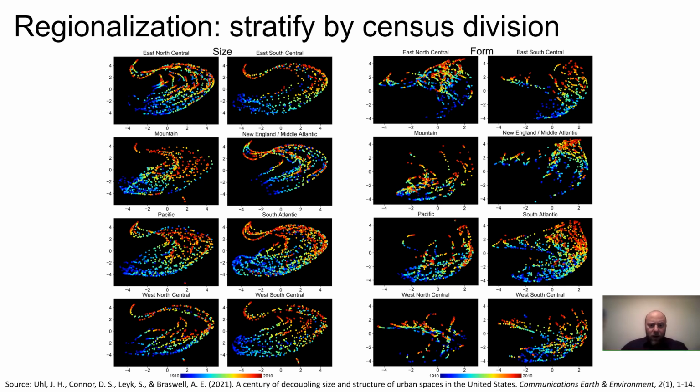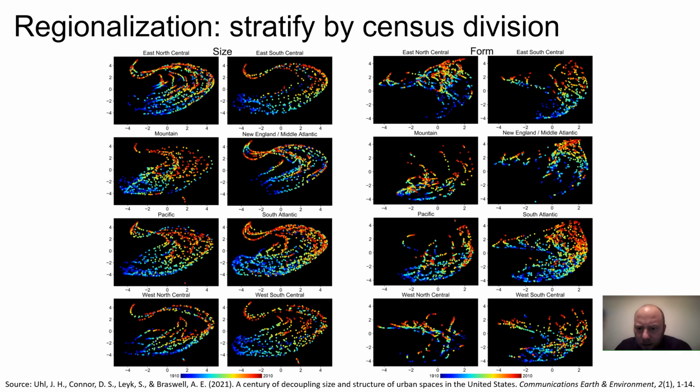What we can observe is that the size-related trajectory, so this convergence effect, is pretty universal across the whole conterminous US, whereas the form-related trajectories show more differences if we look at them separately for each census division.